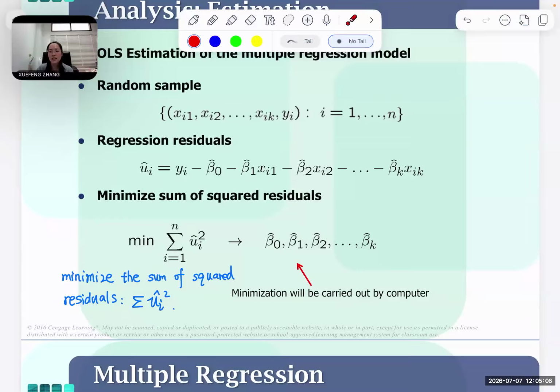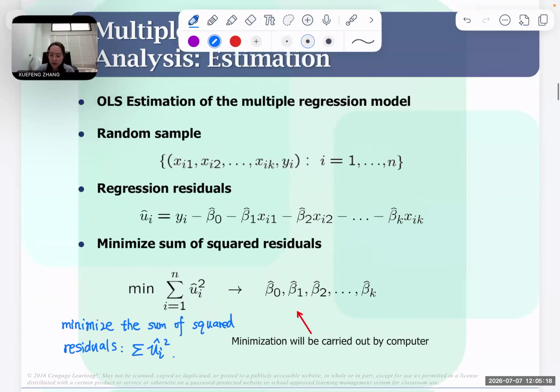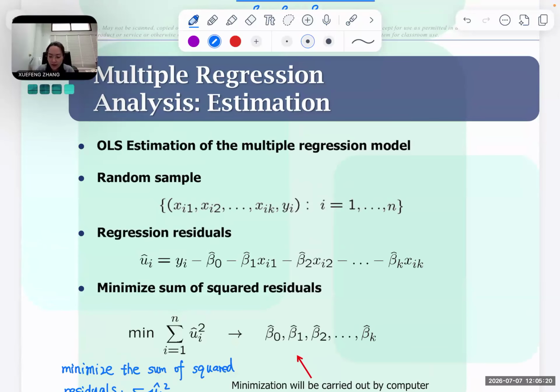OLS finds the best fitting line, except now it's a best fitting plane. Right now it's not a line. In the simple linear regression model, we have one x and one y, so it's a line.